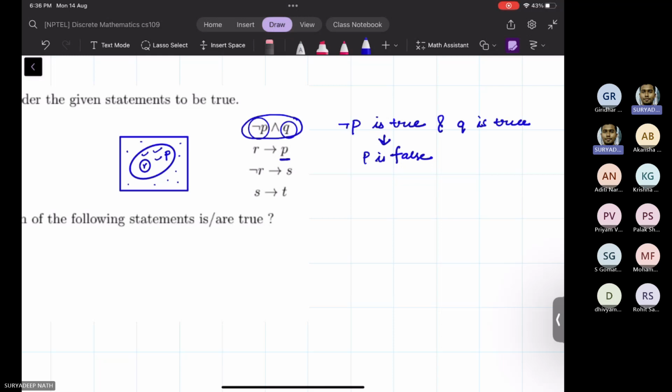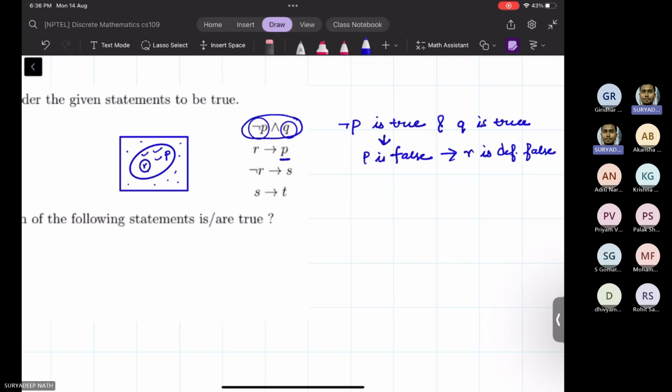This dotted region is outside the set R as well, right? So if P is false, R is definitely false. Is this clear why R is false? Yes, sir.